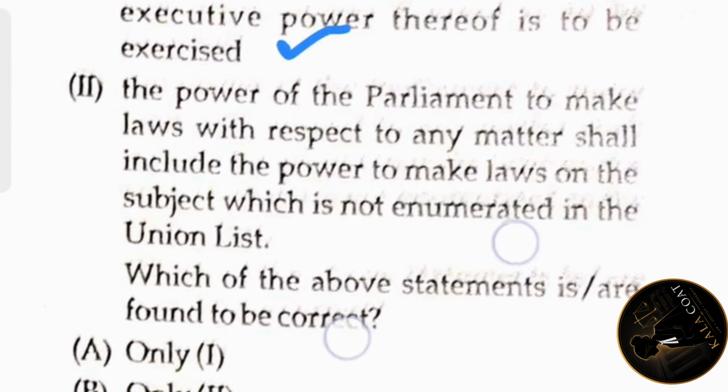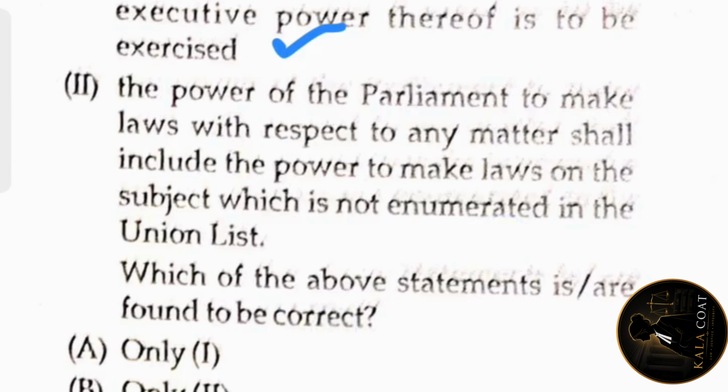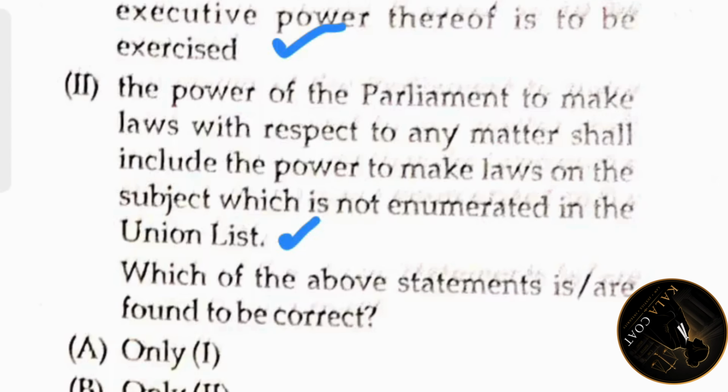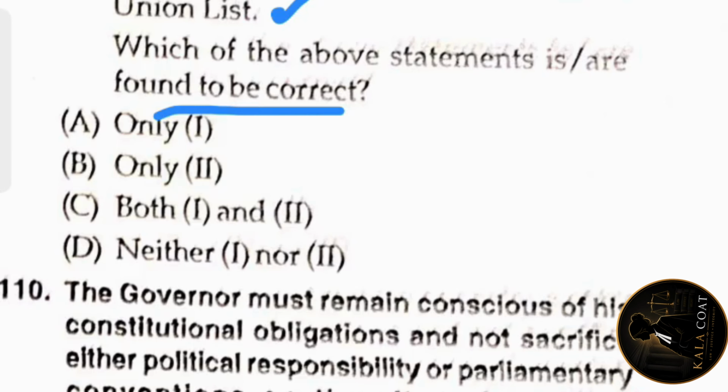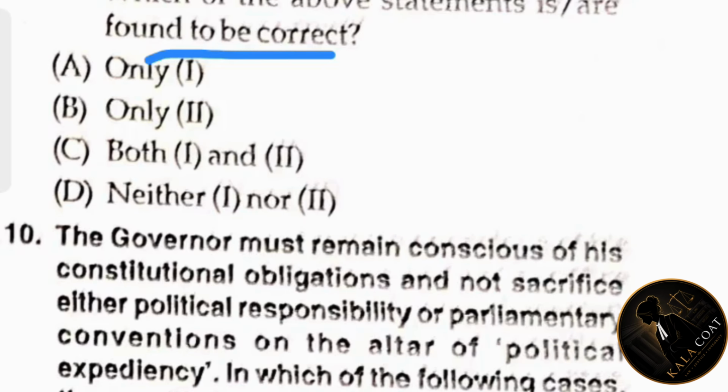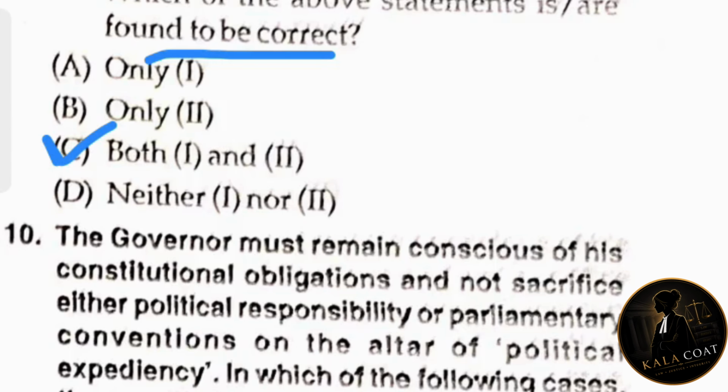Then option 2 is the power of the Parliament to make the laws with respect to any matter shall include the power to make laws on the subject which is not enumerated in the Union list. This is also correct. अब पूछा क्या गया है, पूछा ये गया है कि which of the above statements are or is found to be correct. तो both the statements above are correct. तो हमारा सही आंसर हो जाएगा ऑप्शन सी, both 1 and 2.